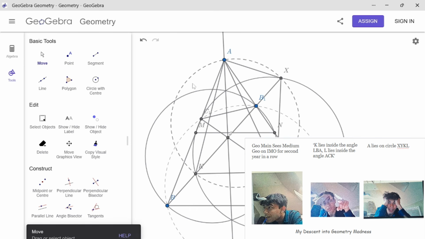So rather, let's forget about X. Let's focus on showing the B1 and B. AKL is such a random circle, how do we do anything with it?